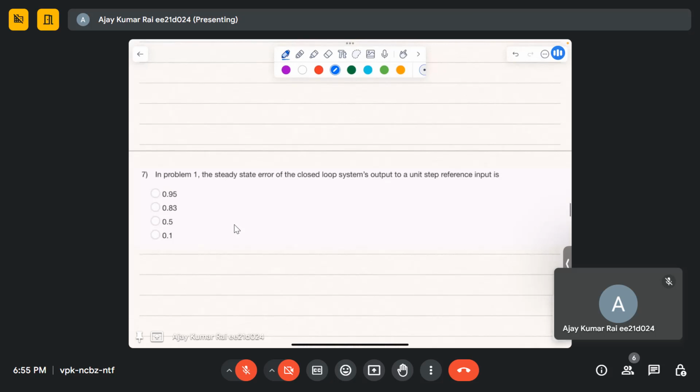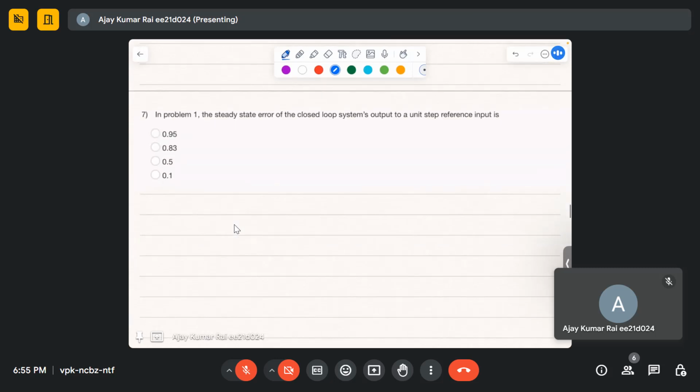It says, in problem 1, the steady state error of the closed loop system's output to the unit step reference input is. So anyway, we have already found that. So what is the error? Error is 1 by (1 plus Kpe). This was the formula for the unit step reference, if you remember.